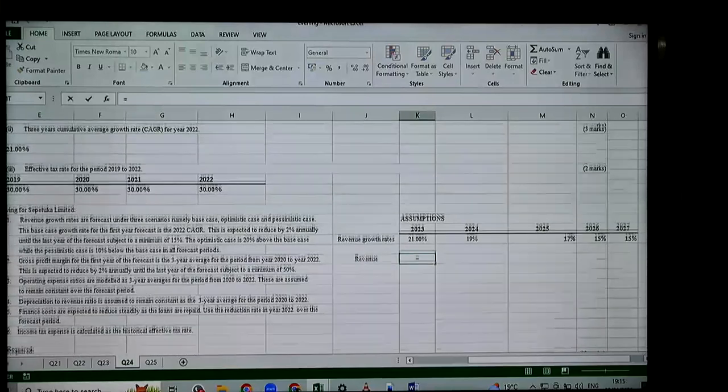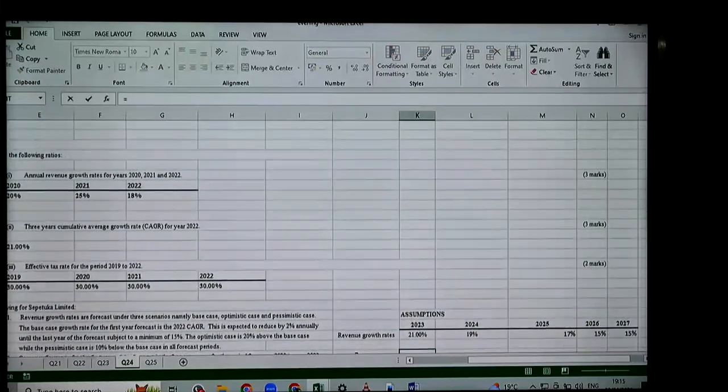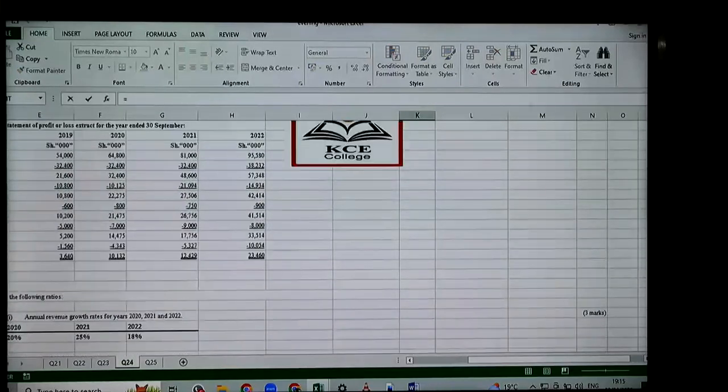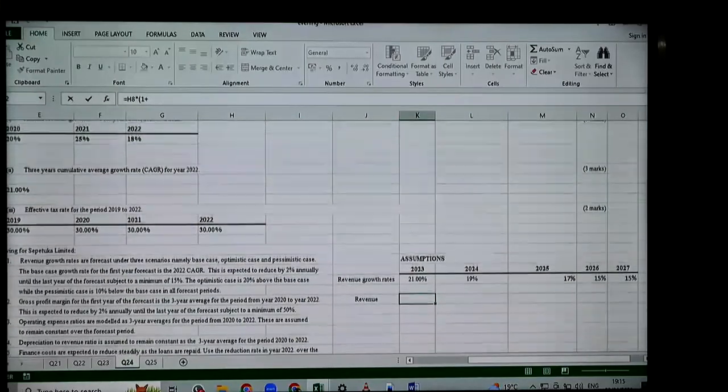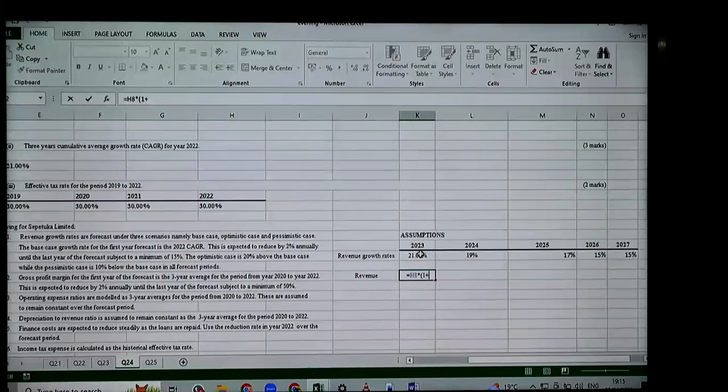So for 2023, it will be the revenue of 2022 up here, multiplied by, you open your bracket, 1 plus the growth rate. And the growth rate is up here, the 21%. You close your brackets, Control Enter.